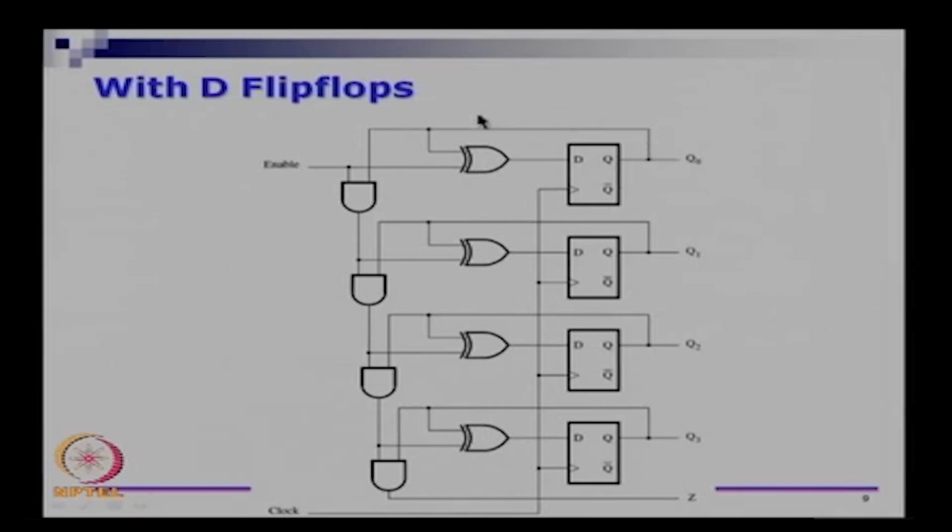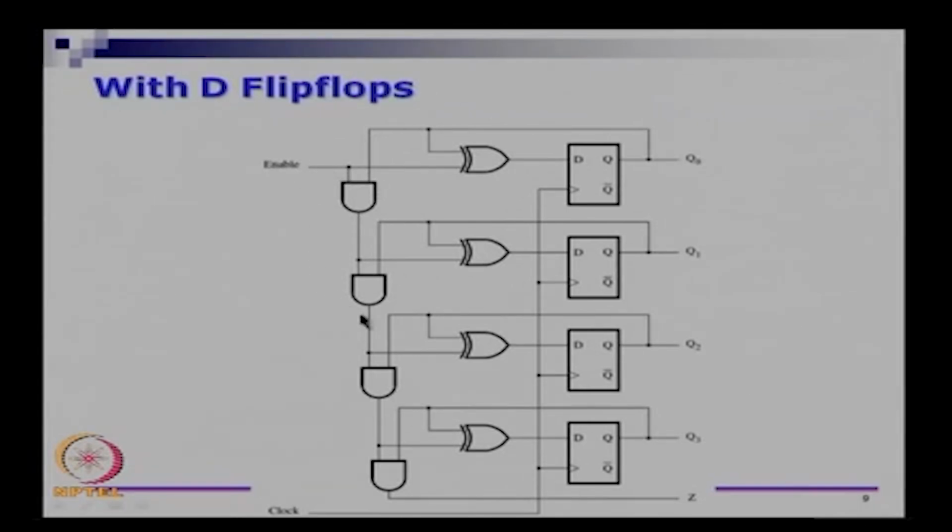So Q0 is XORed with enable, and that goes as the D input here. Then Q1 is XORed with enable and Q0, and that is going as the D input here. Then Q2 is XORed with Q1 and Q0 and enable.